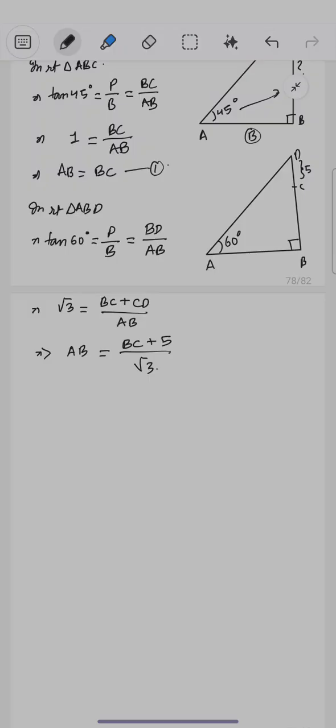From 1 and 2, we get BC equals BC plus 5 by root 3.